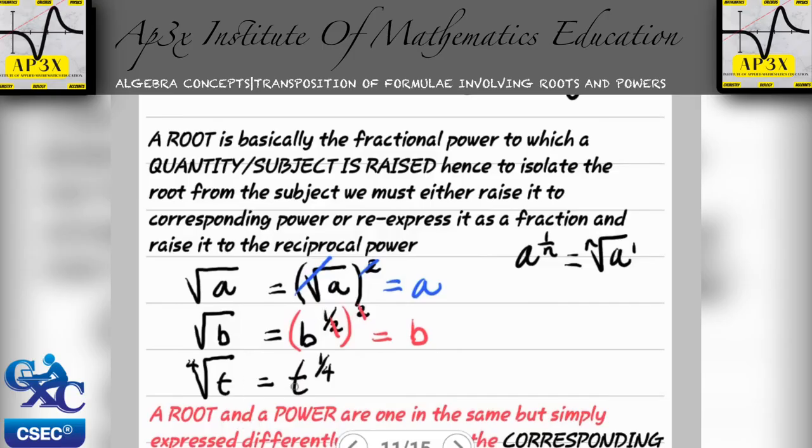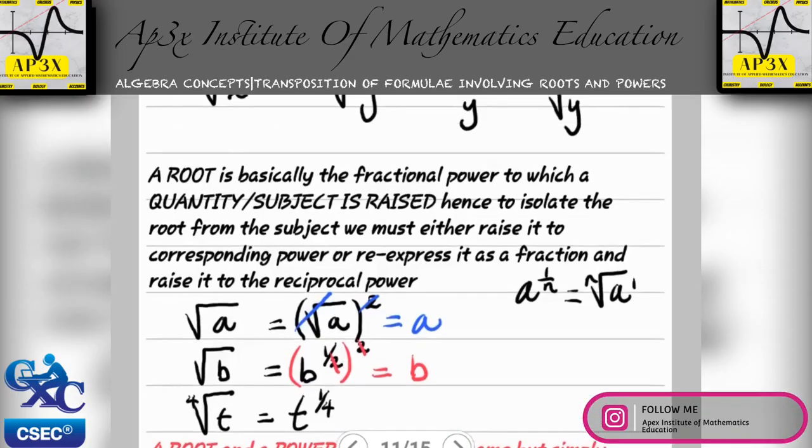All right, and then similarly, if we had the 4th root, which we most likely won't have, you're probably going to see stuff like this at a higher level in math. But in the event that you do see a question with a 4th root, then the 4th root of t is really t raised to the 1 over 4. It's always 1 over the root value, so it's 1 over 4.